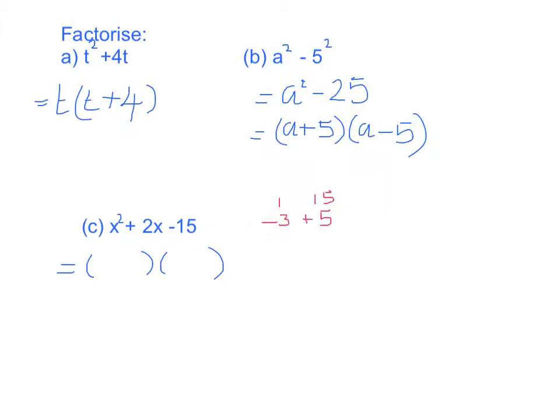Negative 3 times positive 5 would give me negative 15. Negative 3 plus 5 would give me positive 2. So I've got the right numbers, so I just need to pop the x's in, because x times x gives me my x squared, and I've got a -3 and a +5. And that's the end of outcome 4.